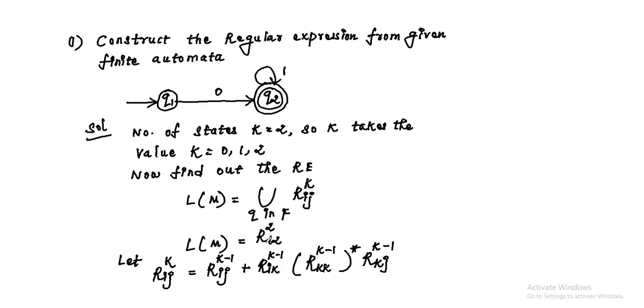So R12 raised to the power 2. The first equation is completed. Second one, Rij raised to the power k equal to Rij raised to the power k minus 1 plus Rik raised to the power k minus 1 into Rkk raised to the power k minus 1 whole star into Rkj raised to the power k minus 1.